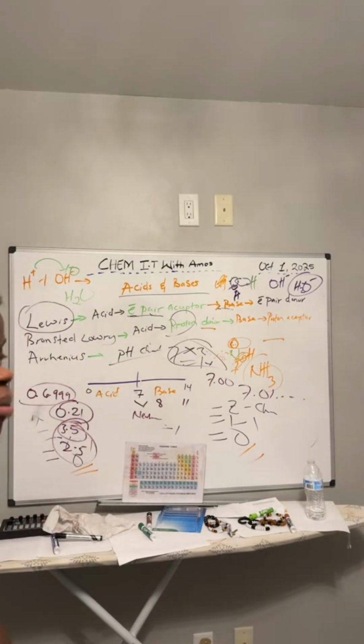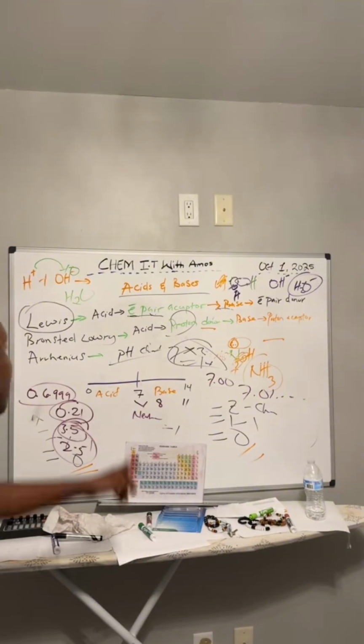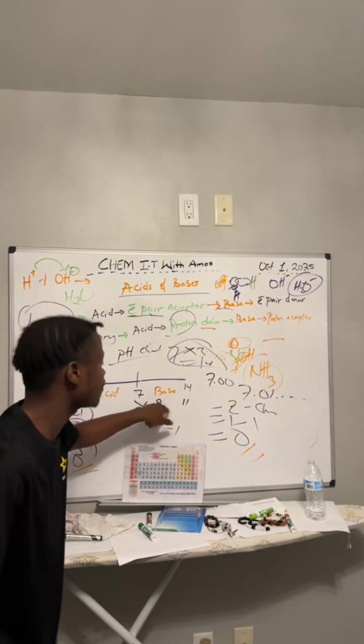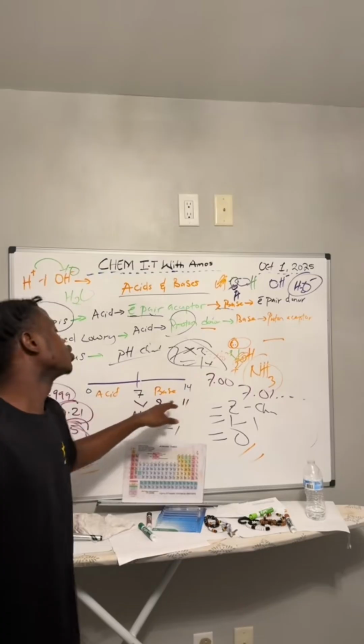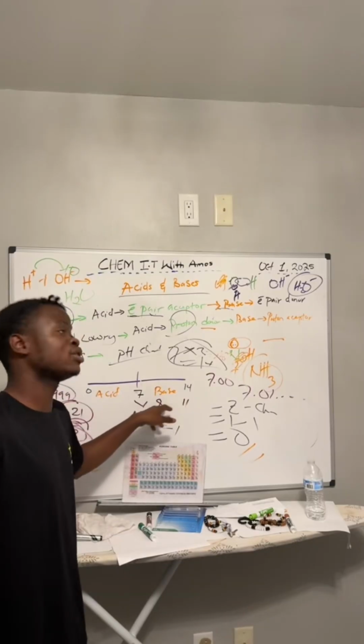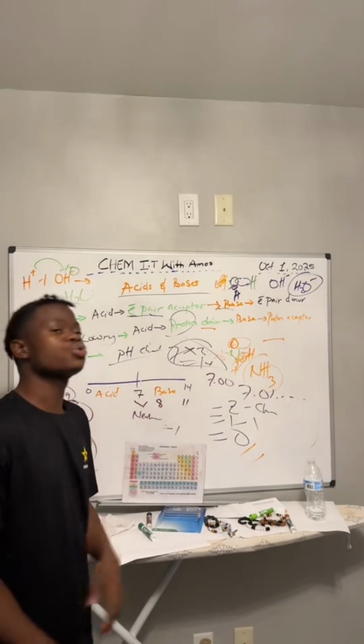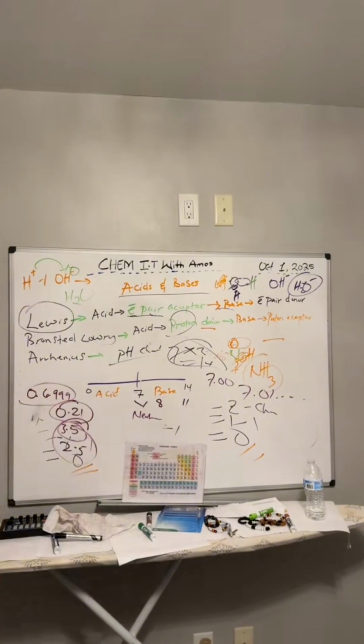In this case, what would that be? You have 8 right here, you have 11 right here. So when it's 8 and this other one is 11, which one is strong and which one is weak?